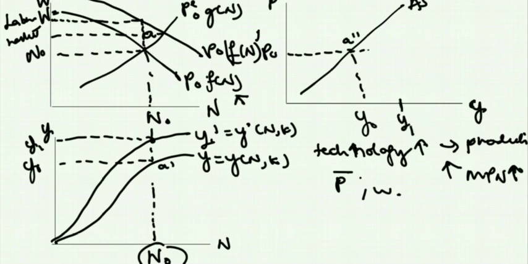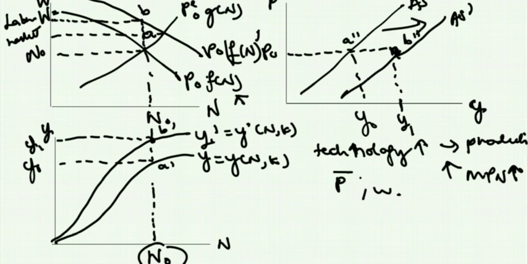Okay, price stays the same at P0. So it's here at B double prime. This one is B prime. This one is B. B double prime is not on the initial aggregate supply. It must be on the new aggregate supply. So you can see, because of technology increase, aggregate supply shifts to the right, isn't it? Okay, that's how you analyze it.